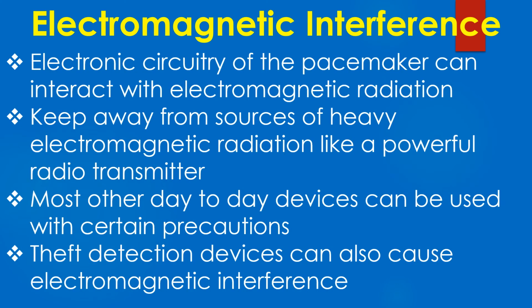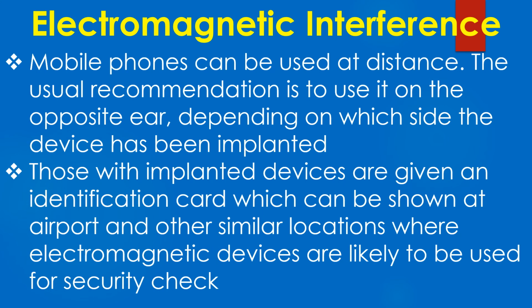Electronic circuitry of the pacemaker can interact with electromagnetic radiation. Keep away from sources of heavy electromagnetic radiation like a powerful radio transmitter. Most other day-to-day devices can be used with certain precautions. Theft detection devices can also cause electromagnetic interference. Mobile phones can be used at a distance.